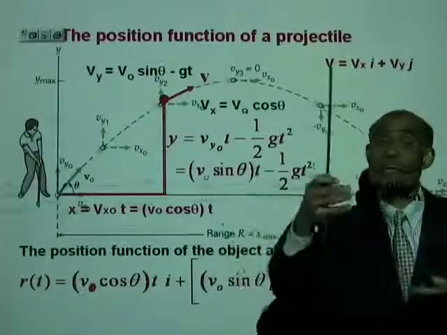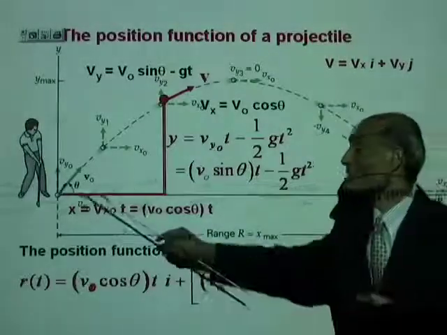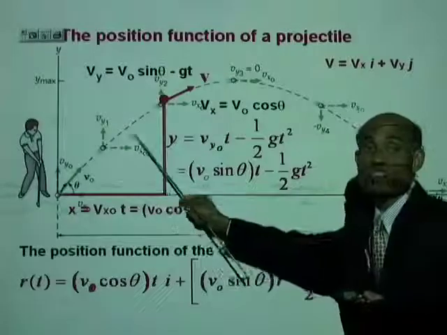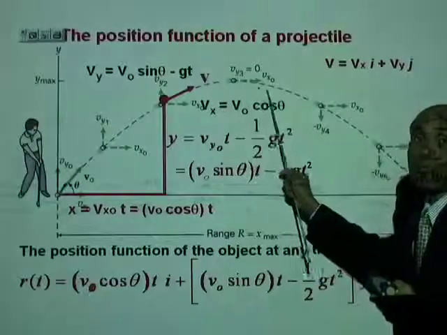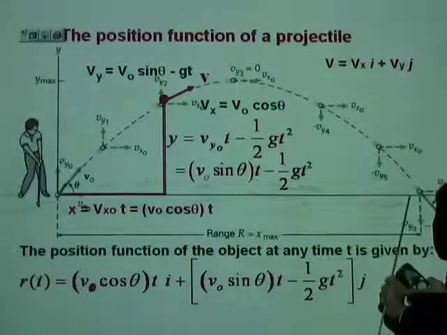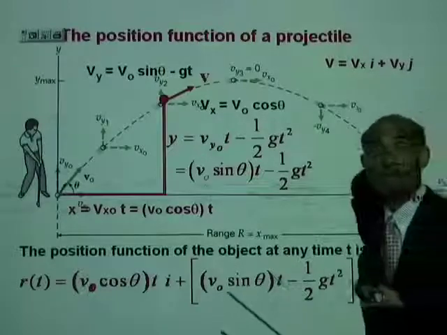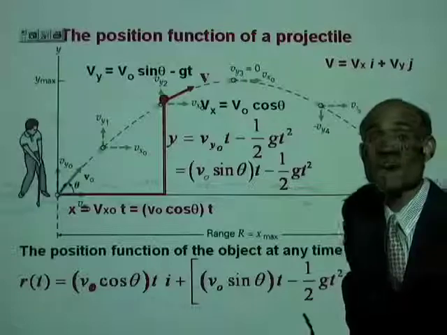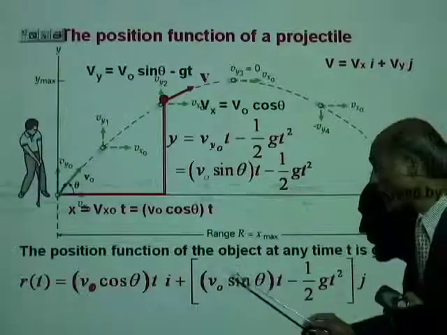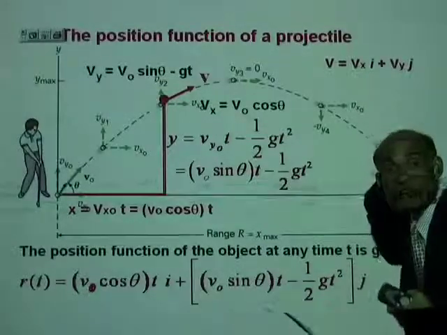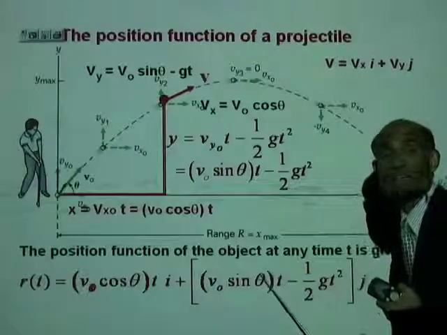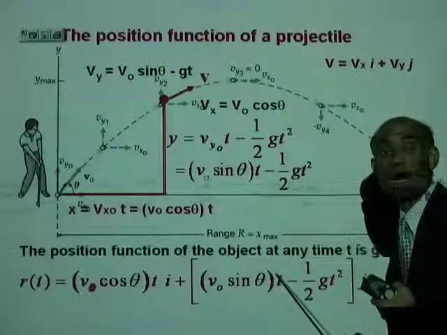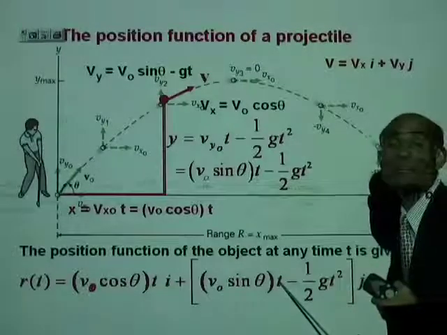We talked about the time of flight in the beginning. So if I want to obtain an equation for the time of flight, all I need to do is take this y position, set it equal to 0 and solve for t.